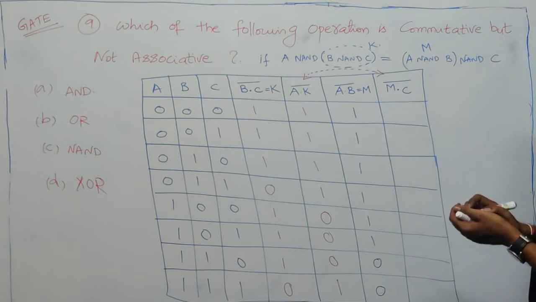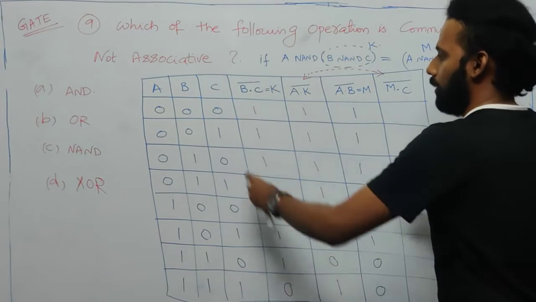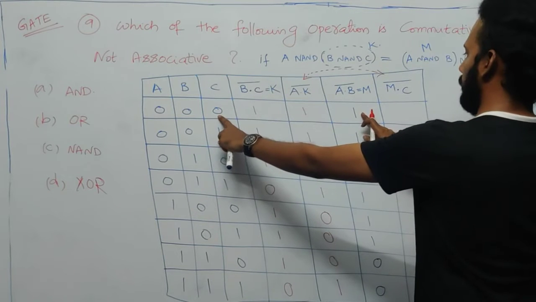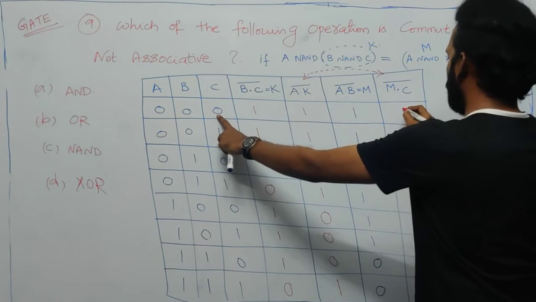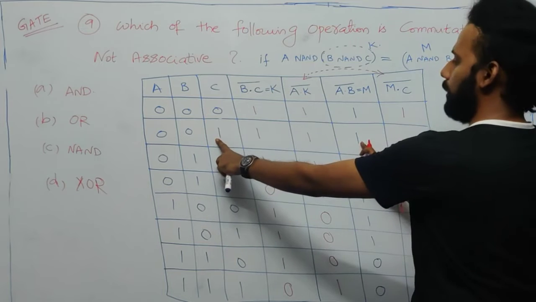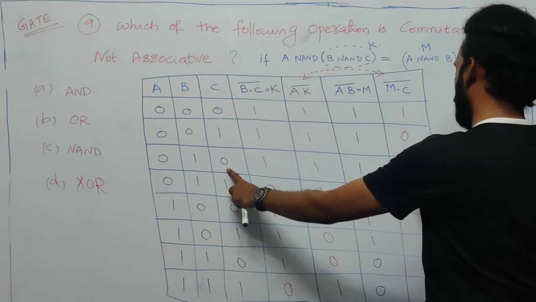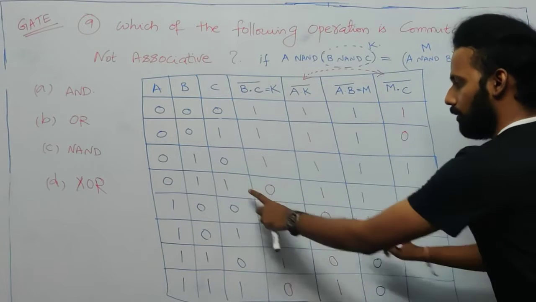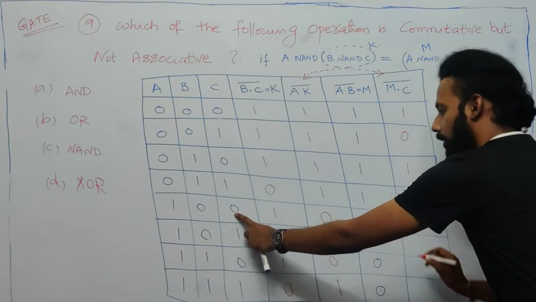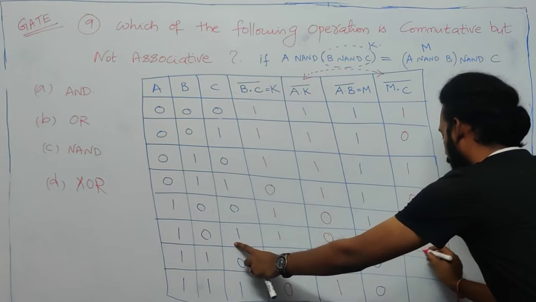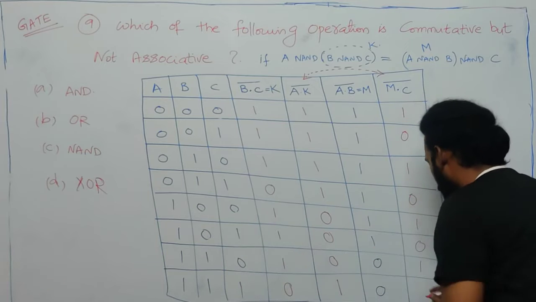Now I need to know the complement of these two. M dot C. 0 into 1 is 0, complement 1. 1 into 1 is 1, complement 0. 0 into 1 is 0, complement 1. 1 into 1 is 1, complement 0. 0 into 1 is 0, complement 1. 1 into 1 is 1, complement 0. 0 into 0 is 0, complement 1. 1 into 0 is 0, complement 1.